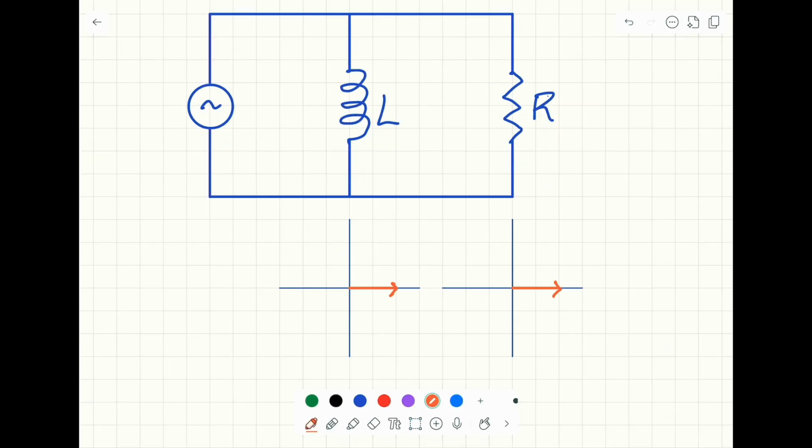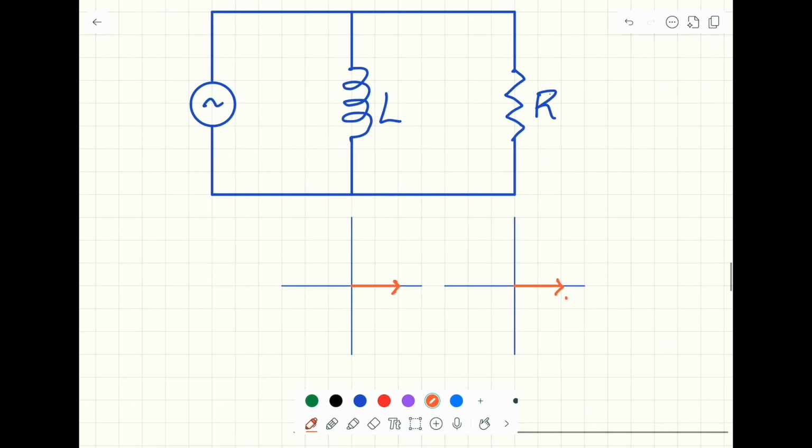So the orange represents the voltage V, and the current is also along here. In the past, the inductor and the resistor were connected in series, so they had the common current, but this time they will have the common voltage. And we know from the basic theory, the voltage of an inductor is 90 degrees ahead of the current.